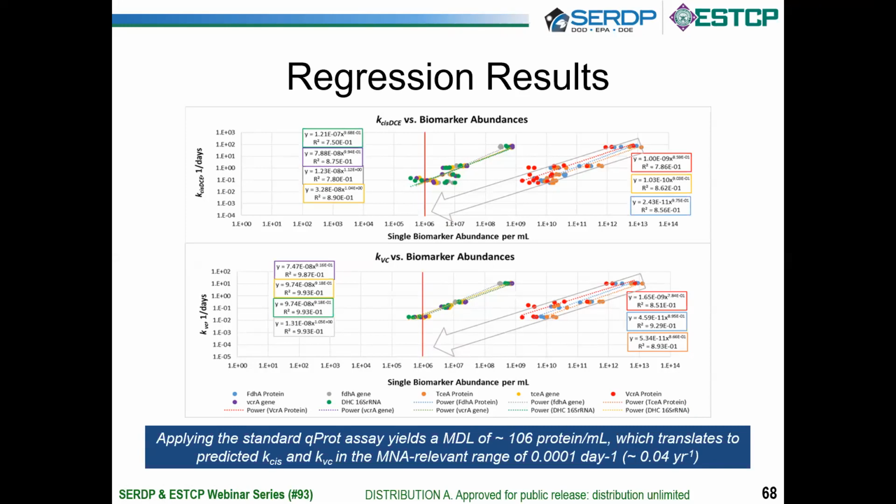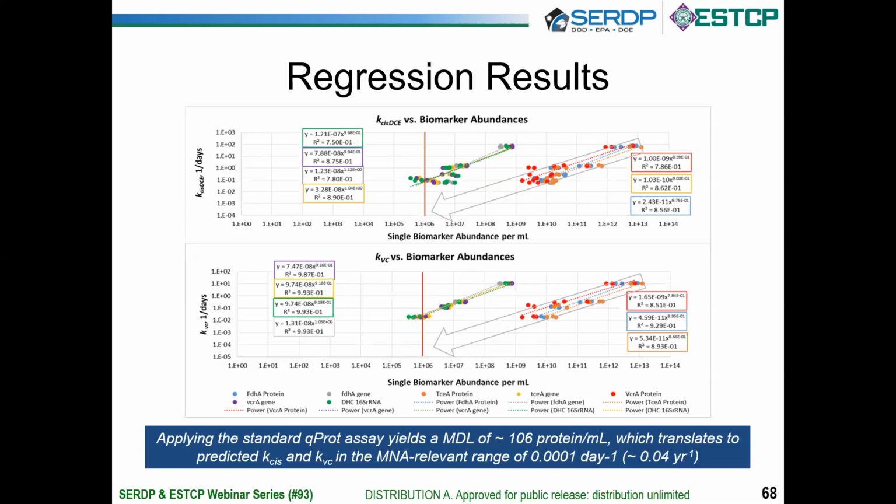And so the power law least squares regression results were good. All regression equations featured an R² of 0.78 or greater. And the vertical red line that you see corresponds to the detection limit for proteins in protein abundance per milliliter units. And so that's at 1 × 10⁶ proteins per milliliter.